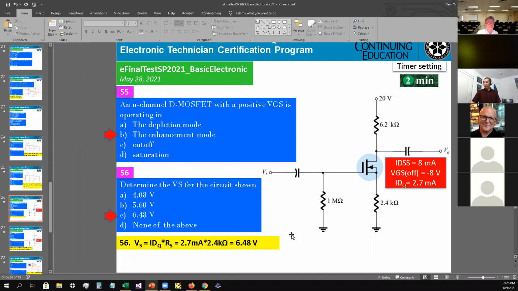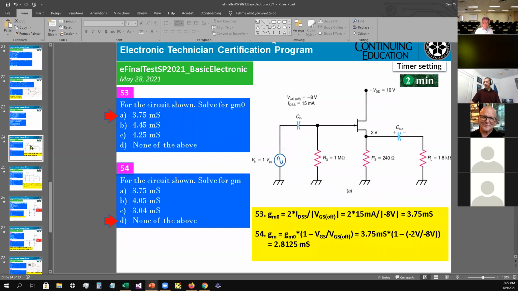Number 56, determine the VS for the circuit shown. Okay, VS equals IDQ times RS. So IDQ was 2.7 milliamps times 2.4 kilo ohm. That yields 6.48 volt. Okay, so IDQ was from the previous step.